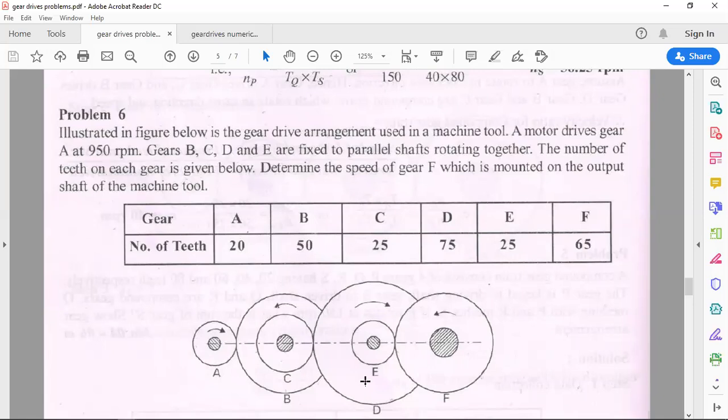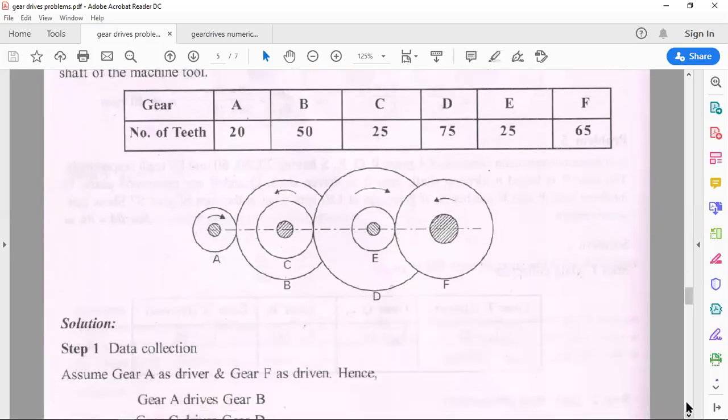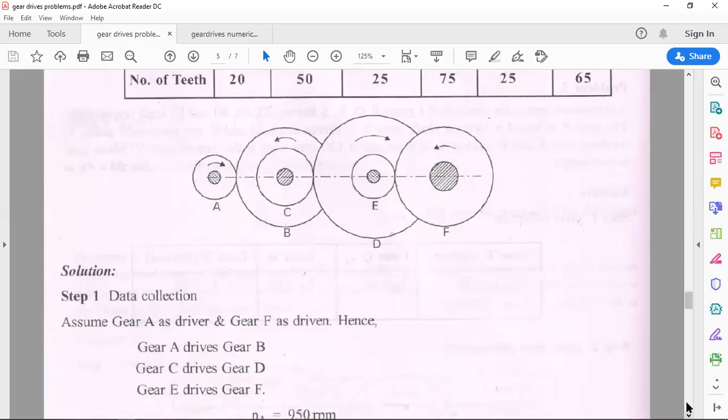If you take that, velocity ratio is equal to speed of the last gear, NF, divided by speed of the first gear, NA, which is equal to the product of teeth on the driver gears, TA, TC and TE, divided by the product of teeth on the driven gears, TB, TD and TF. Once you get this relation, it is easy to find the velocity or speed ratio, or speed of the last gear.